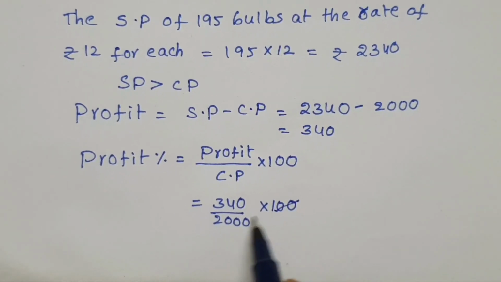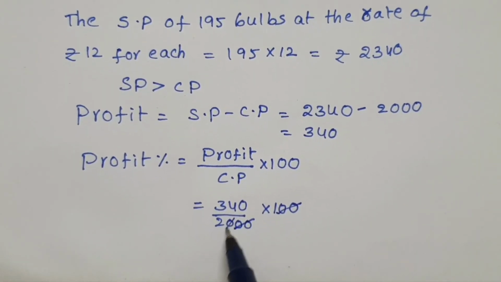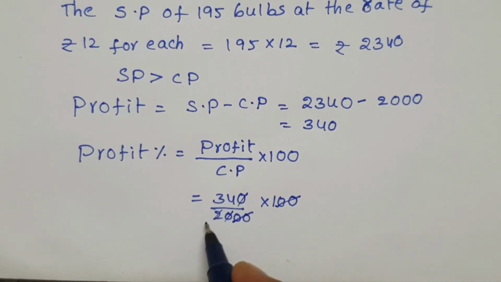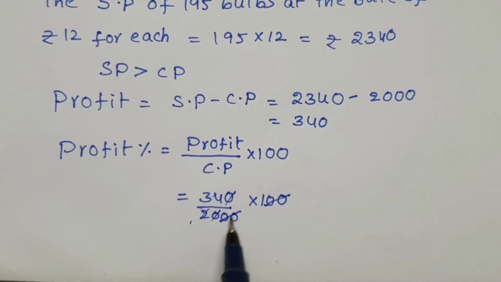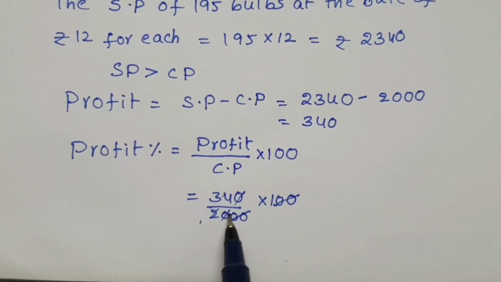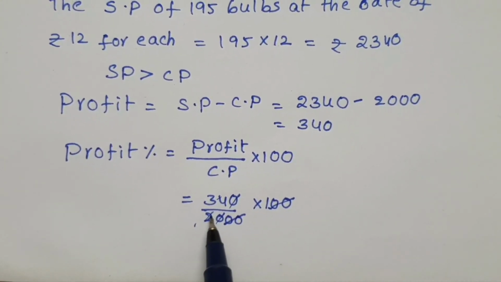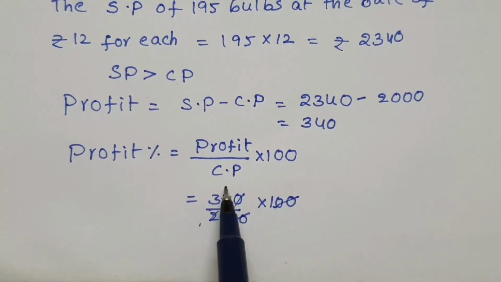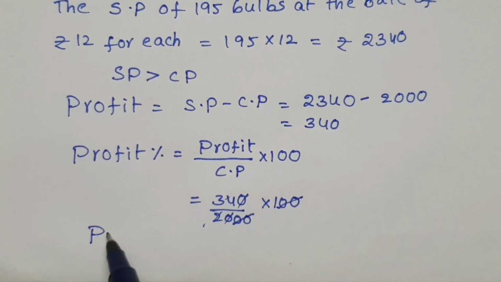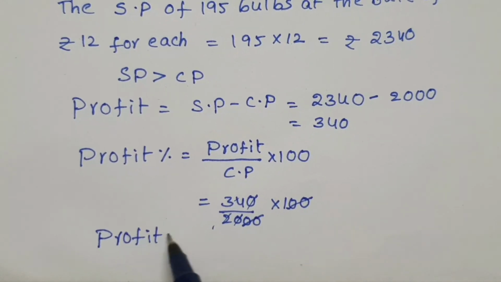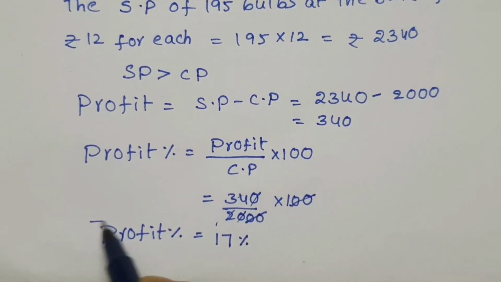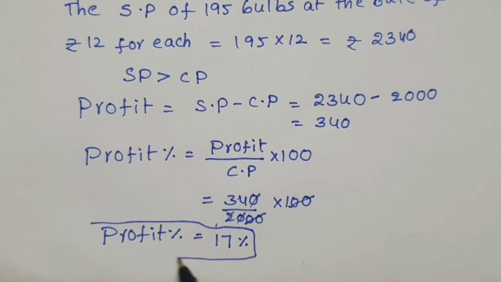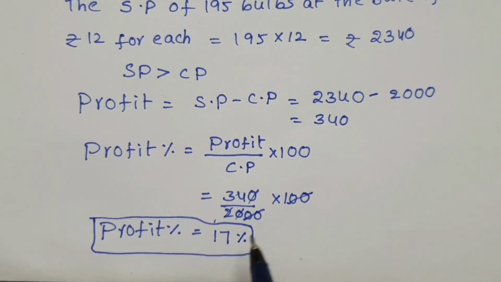Here the zeros get cancelled, then 2 ones, 2 seventeens. So the profit percent equals 17%. Answer: 17%.